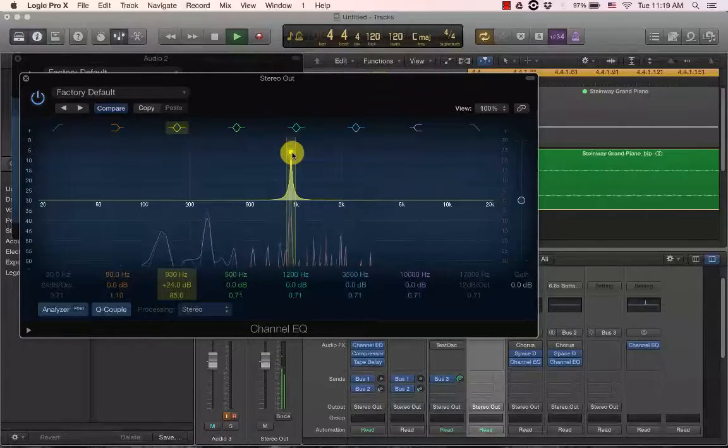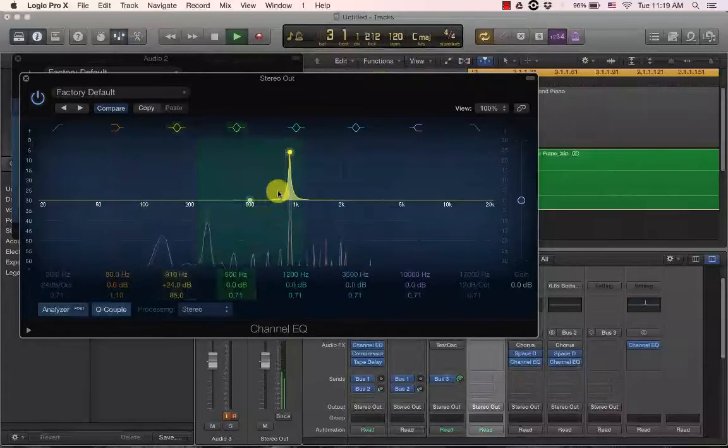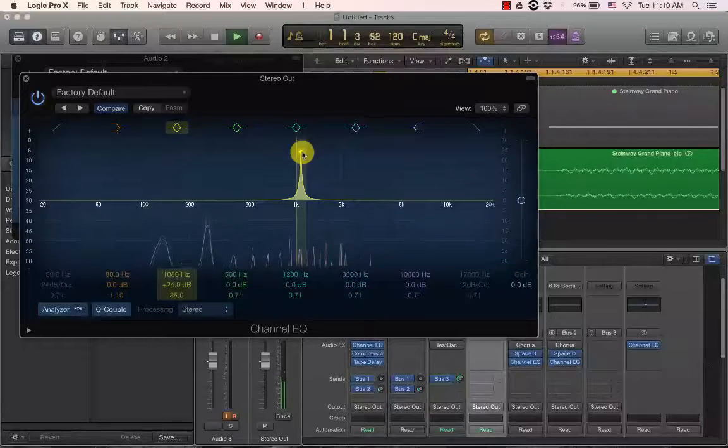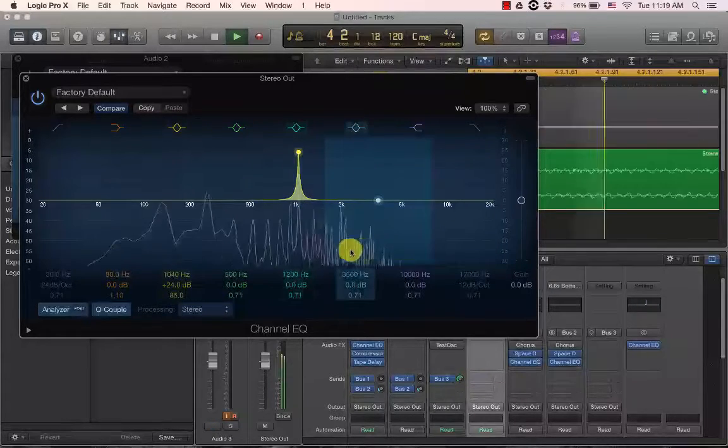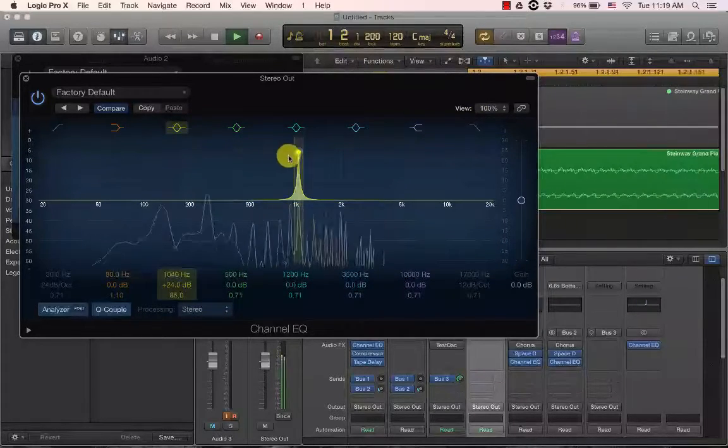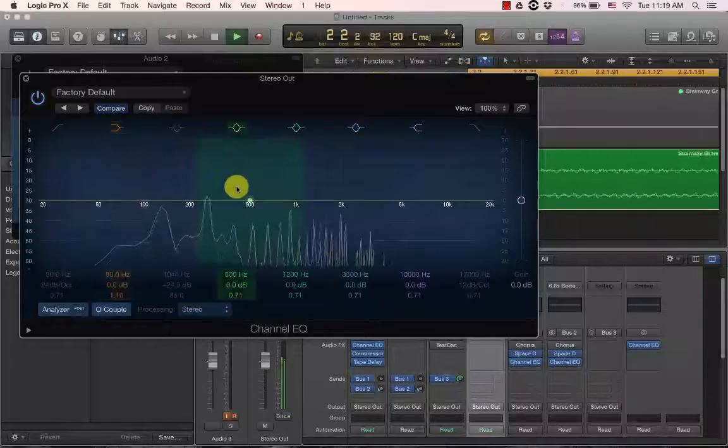Except this one. This one's kind of weird. This is the 7th harmonic, and the 7th harmonic is not part of the C scale. And then at 140, I think, yeah, there's the next C. And it keeps going. Now let's turn that off.